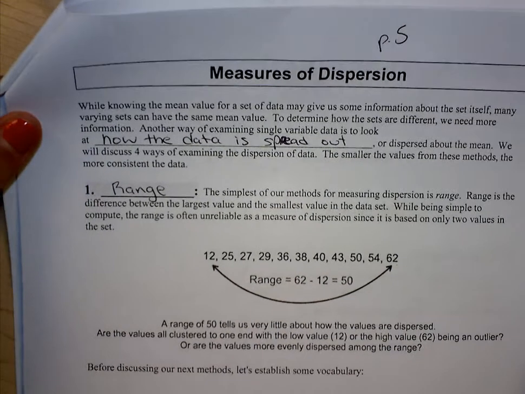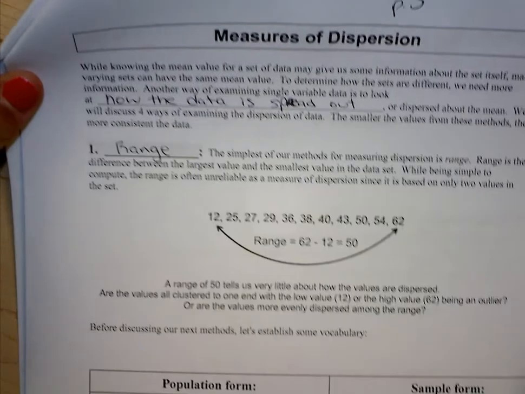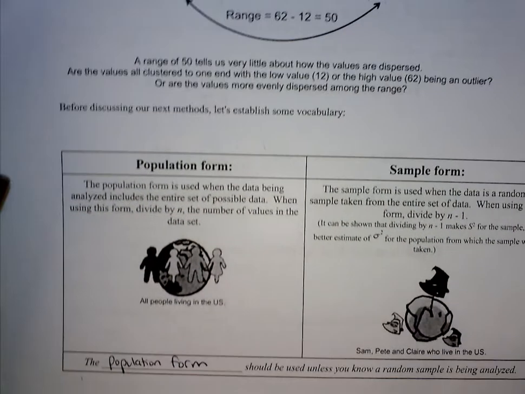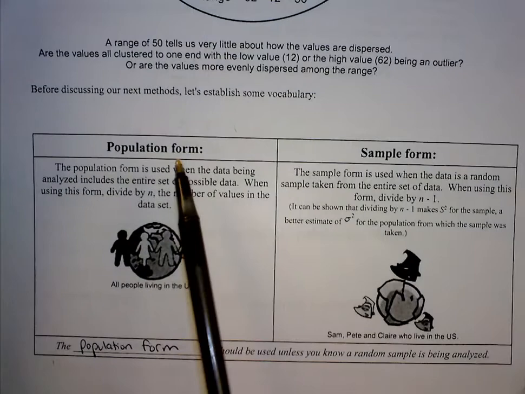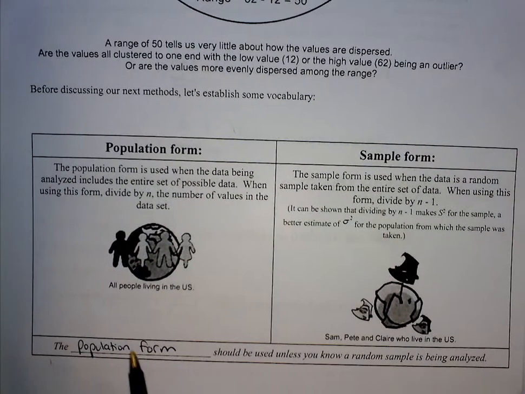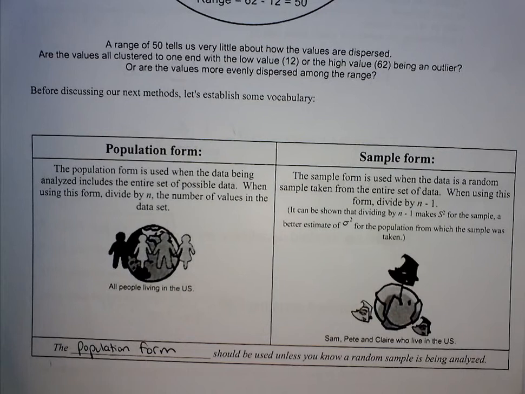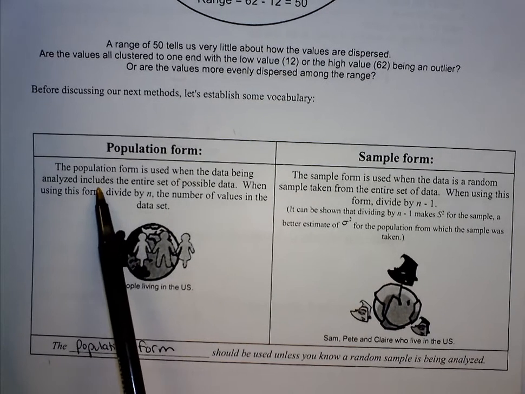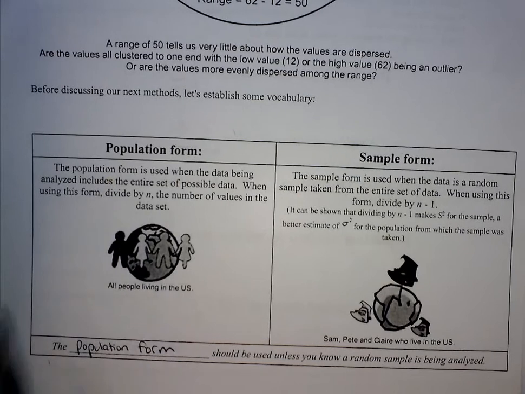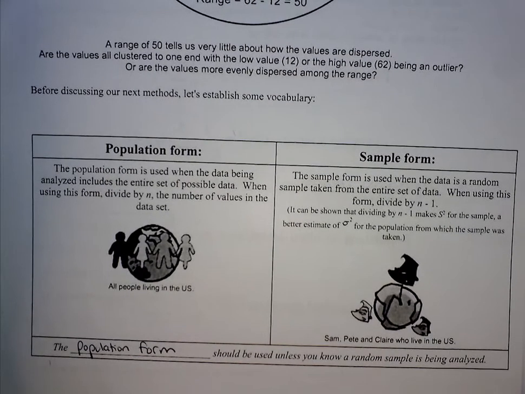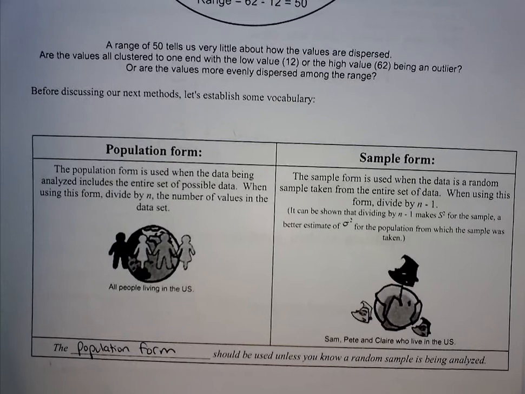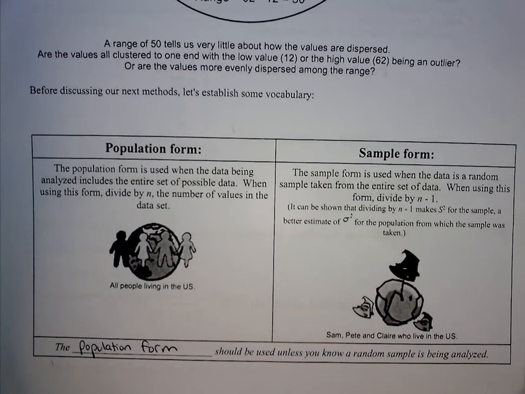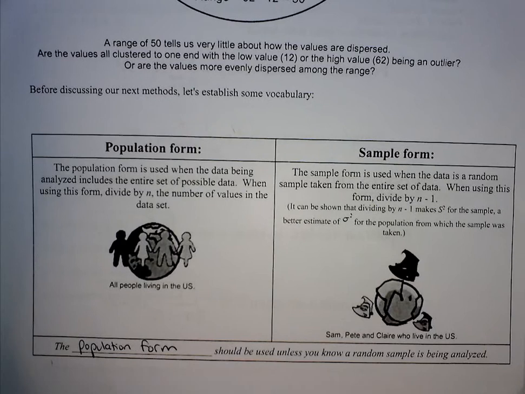So now before we go on to 3 other methods, we're going to go over a couple vocabulary words. And one is talking about population and one is talking about sample. It's really, really important that you guys know the difference. Population is talking about everyone in whatever, so for example, if you're talking about the United States, you'd be talking about the entire population of the United States.